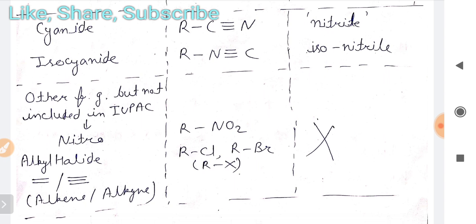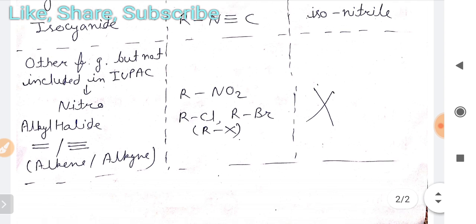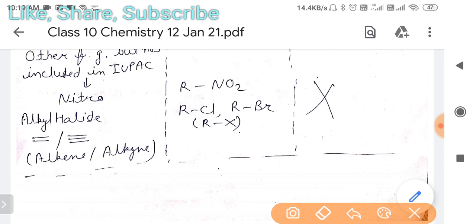Other functional groups are also there, but they are not included in IUPAC. These functional groups are not present in the IUPAC system as secondary suffixes, but they act as functional groups. As you know, the nitro group, RNO2, is also a functional group, but it is not represented in the IUPAC name by a secondary suffix.